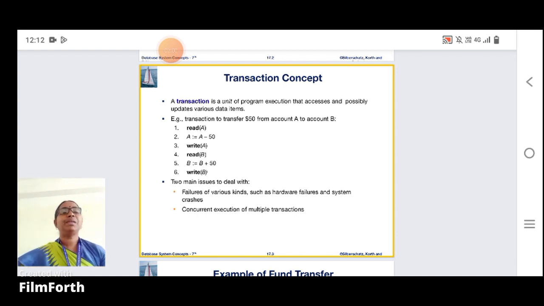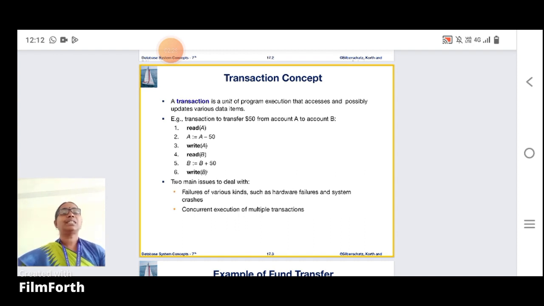Now we read B from the database, add 50 to the balance B, and write the B value back to the database. So here there are two read operations and two write operations. The collection of operations that form a single logical unit of work is called a transaction.